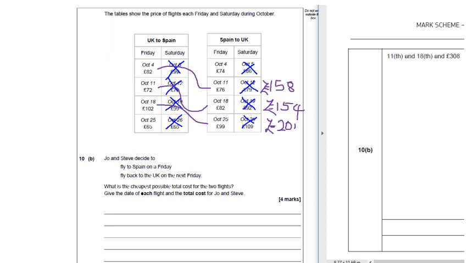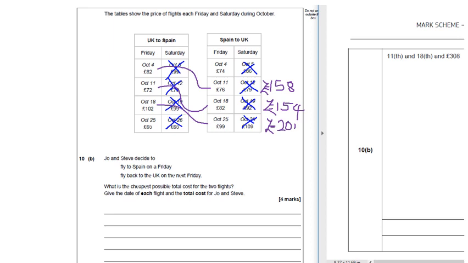And I guess if they went on the 25th, they'd be coming back in November, which they don't want. Okay, what do they want? So coming back the next Friday, which is the cheapest possible flight for the 2 flights.